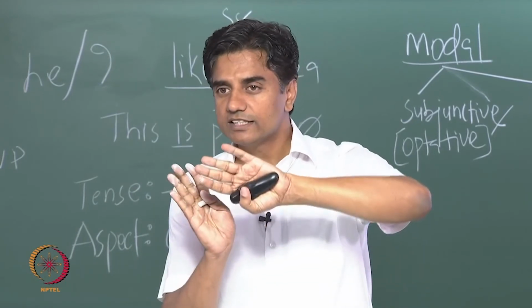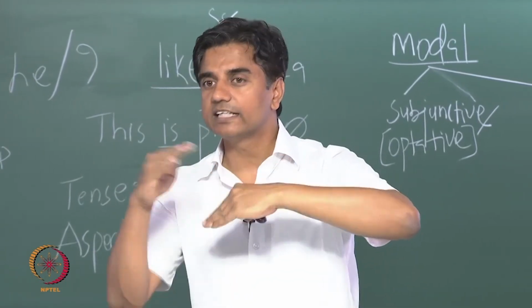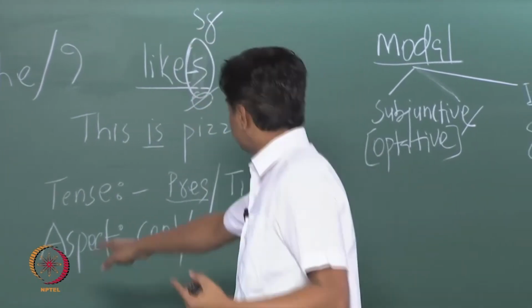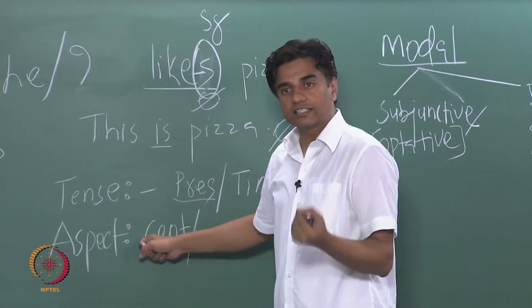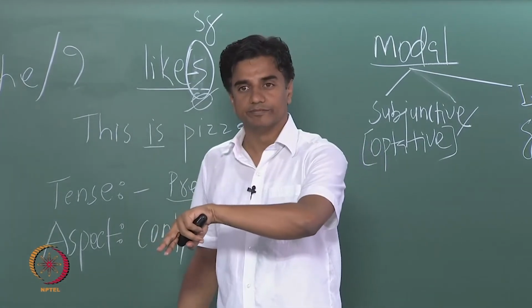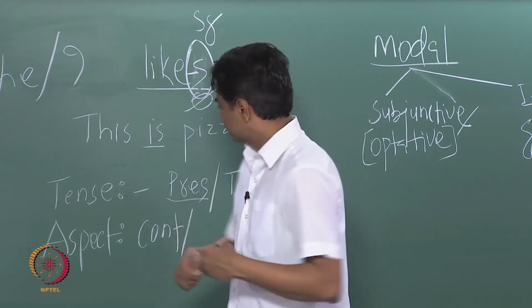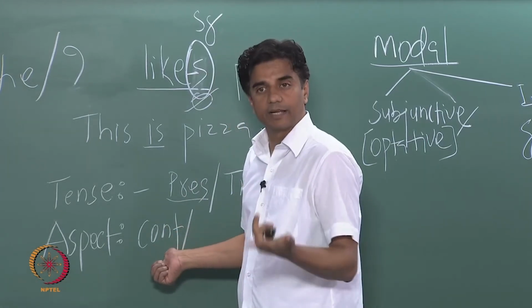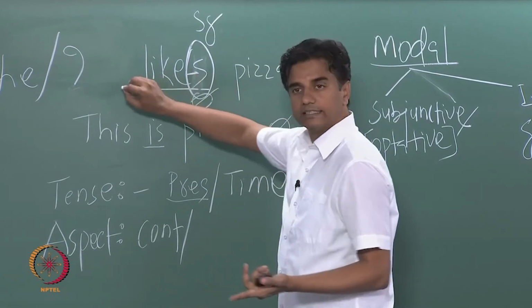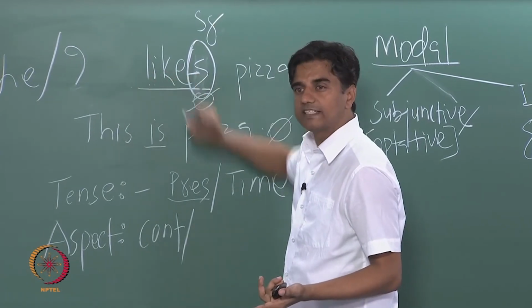So this distinction is about present and past, which is timing, tense. Aspect is different from tense. Aspect talks about the way things were happening, which was continuous. ing represents continuous. And what's the aspect here in this sentence?